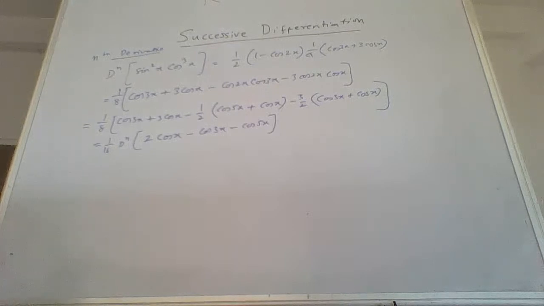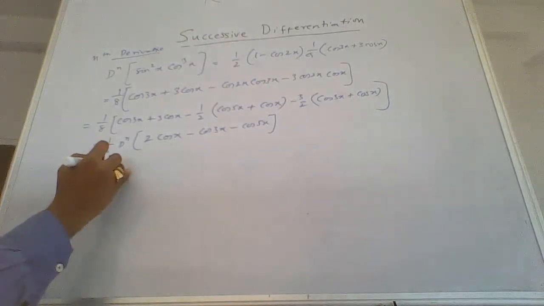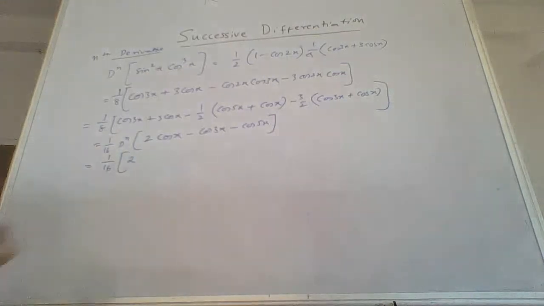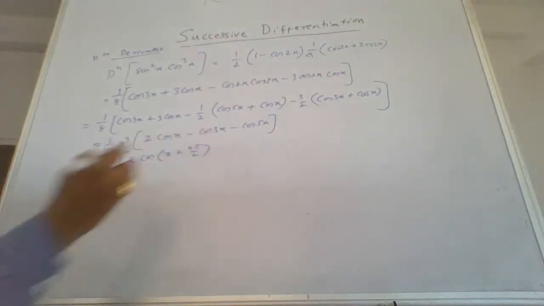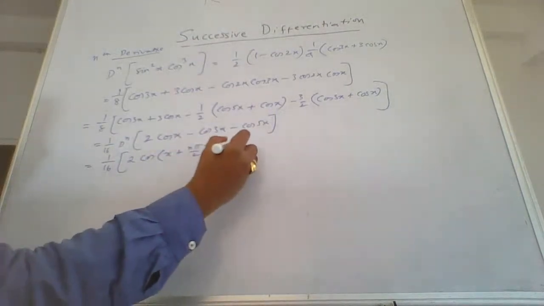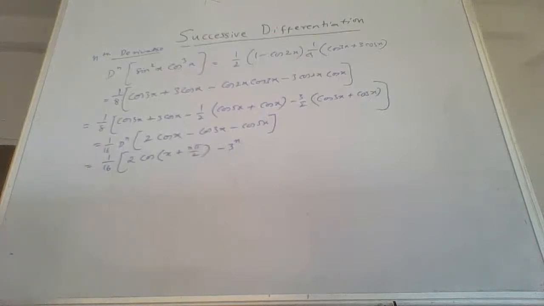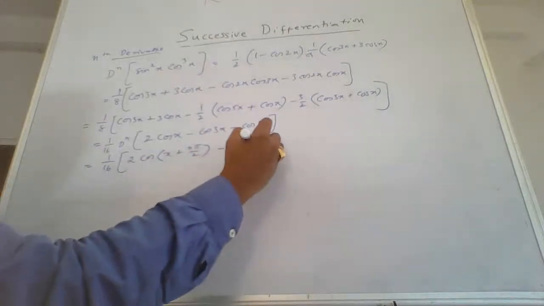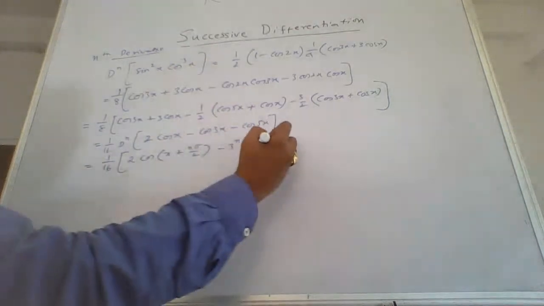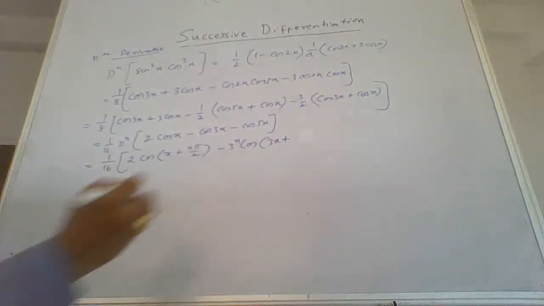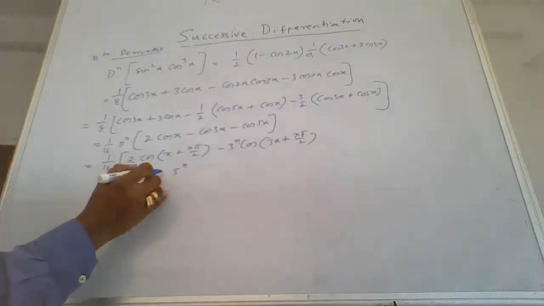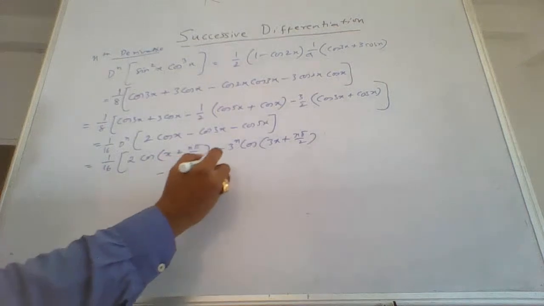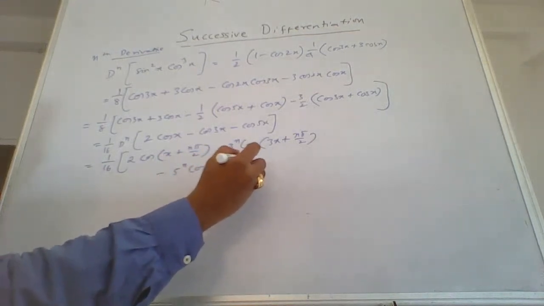So for cos, the nth derivative will be 1 by 16 of 2 times cos of x plus n pi by 2, minus 3 to the power of n cos of 3x plus n pi by 2, minus 5 to the power of n cos of 5x plus n pi by 2.